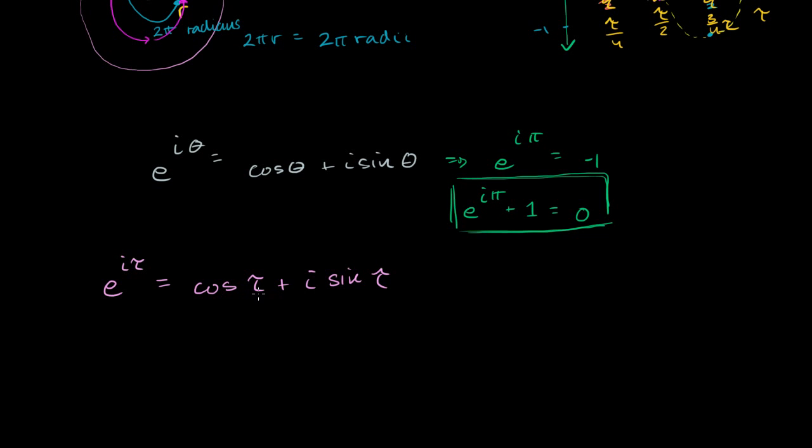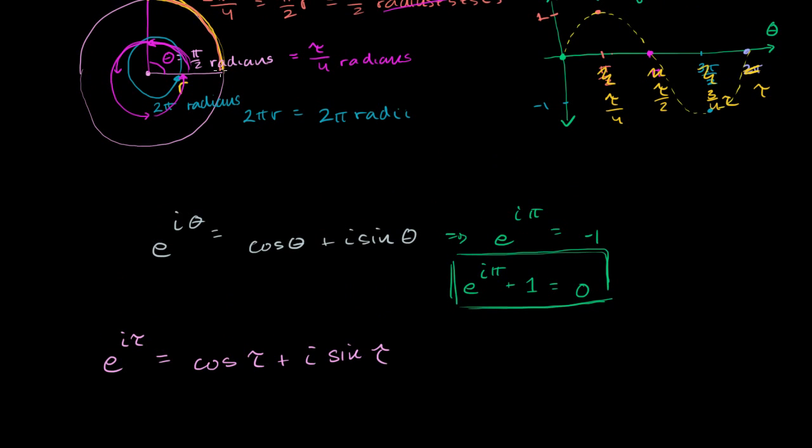Tau radians means we've gone all the way around the unit circle. So cosine of tau, remember, we're back at the beginning of the unit circle right over here. So cosine of tau is going to be equal to 1. And then sine of tau is equal to 0. So e to the i tau is equal to 1. And I'll leave it up to you to decide which one seems to be more aesthetically profound.